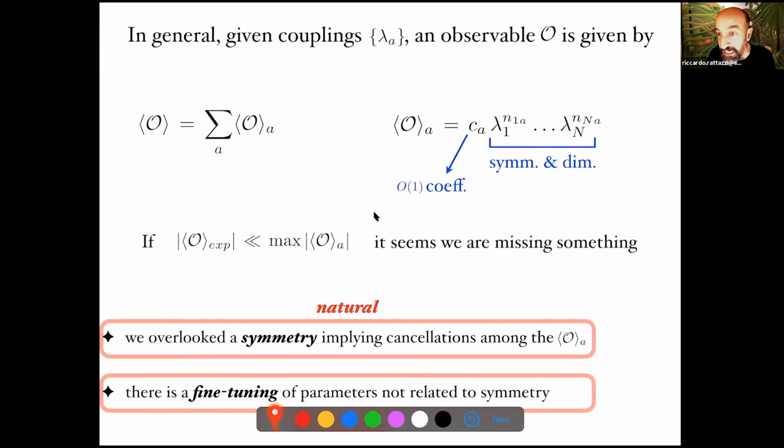Somebody is asking why the coefficient can't be 10 to the 20. You could have some very tiny coefficients in effects that are non-perturbative, effects that go like e to the minus a coupling.